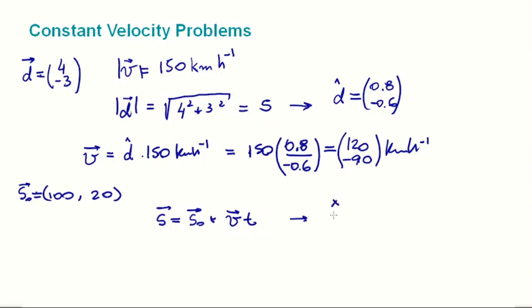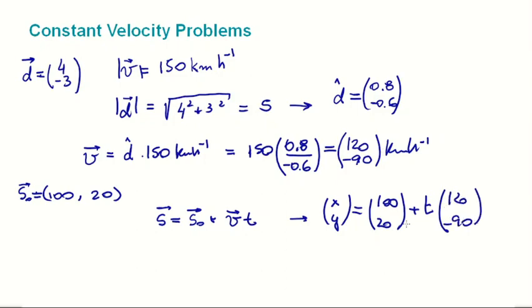So we would have xy, which is this position, equals this point 120 plus t times our velocity, 120 minus 90, and then t larger or equal to 0, and t is a real number. There you go. So you would be able to find the position of this boat or this object at any point just by using this equation.